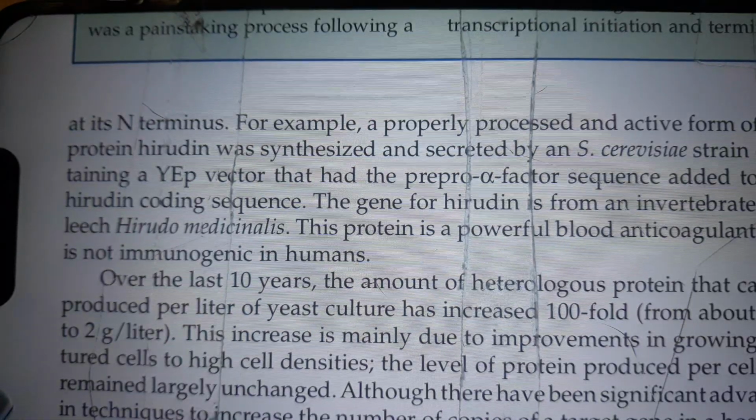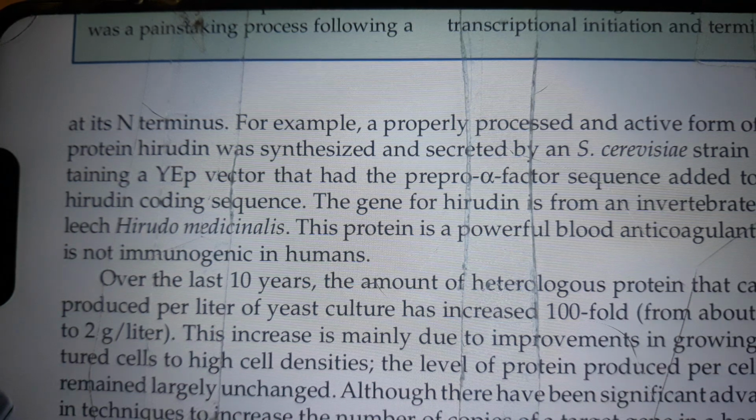Right, and on to the subject matter proper. At its N-terminus, for example, a properly processed active form of the protein hirudin was synthesized and secreted by a S. cerevisiae strain containing a YEp vector that had the prepro-alpha factor sequence added to the hirudin coding sequence.